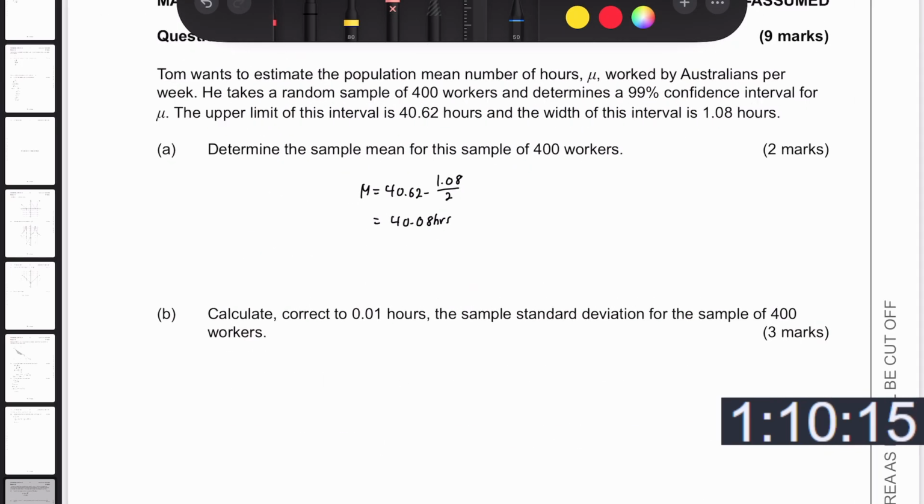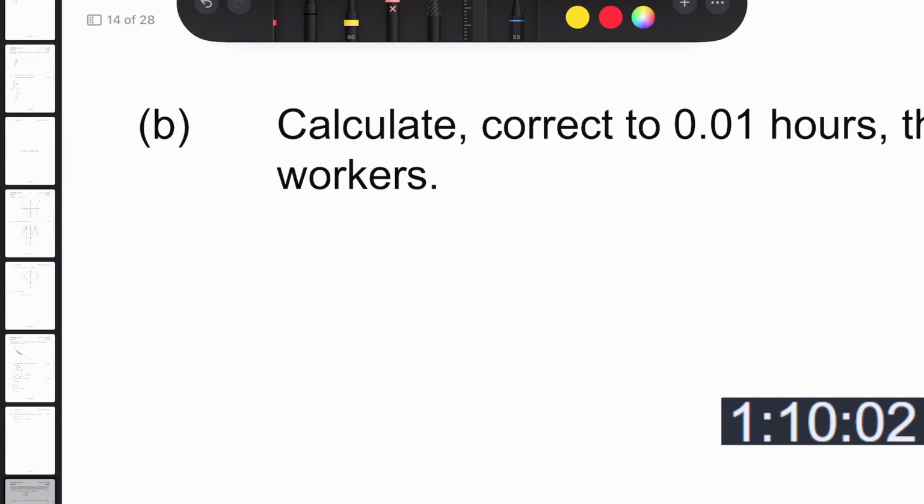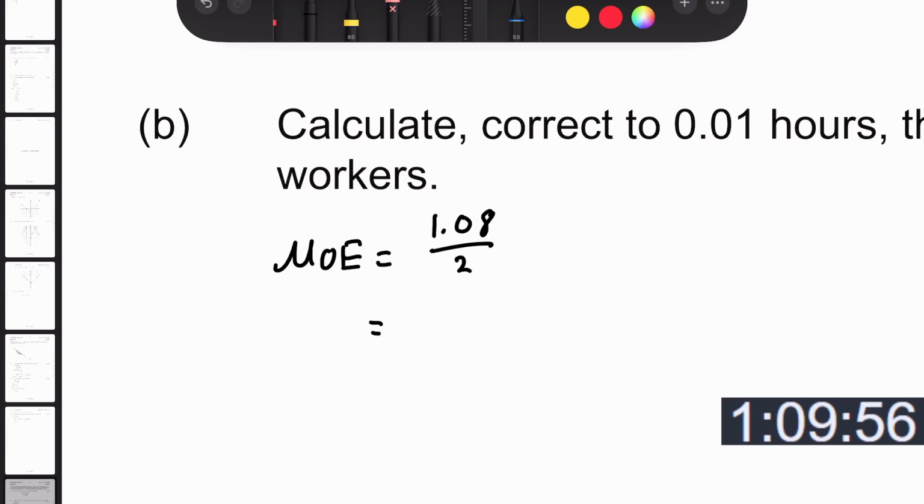Calculate the sample standard deviation for the sample of 400 workers. For 99% confidence, the margin of error is going to equal 1.08 all over 2, so 0.54 hours.